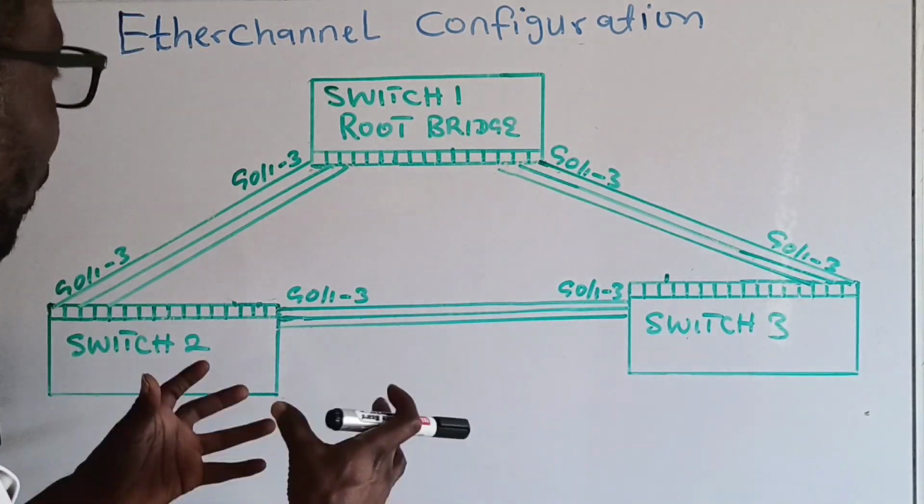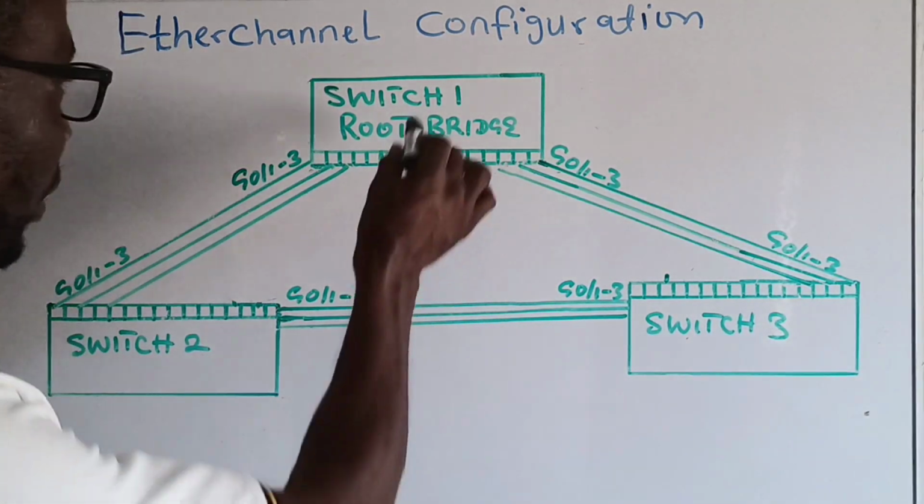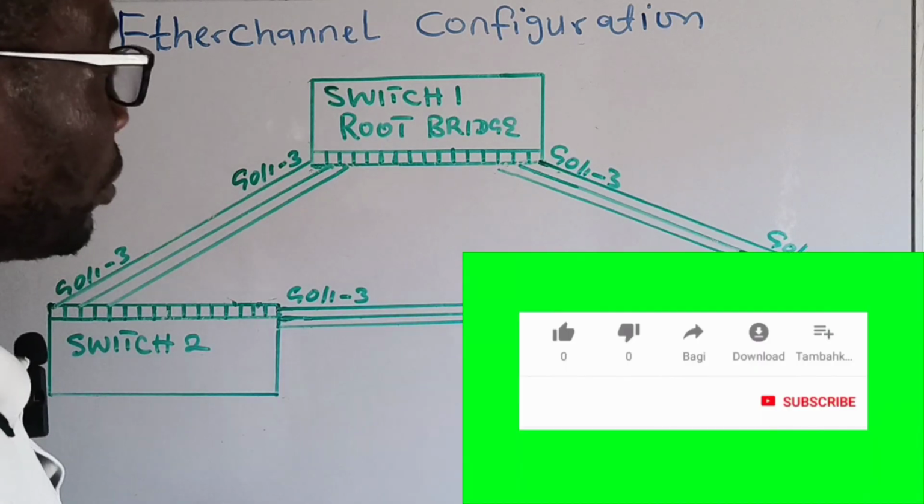You can see these are three switches. This is the root switch and these are non-root switches.